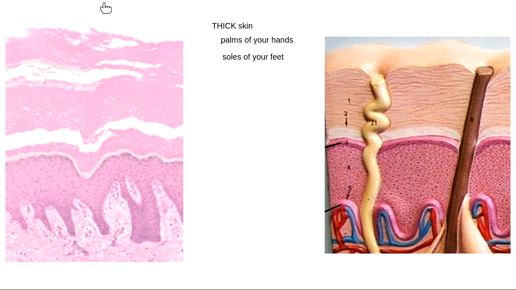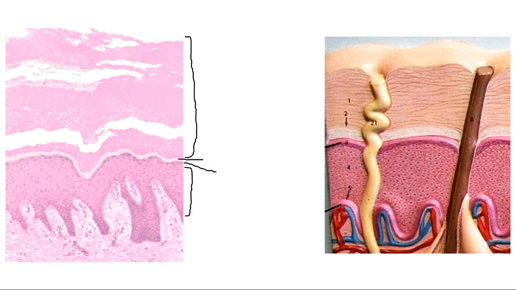To help us identify those strata, I'm going to start with some brackets here. Okay, so there's one stratum. We're going to make a little line, another little line, little bracket, and a line. I know that you guys can help me out with this.